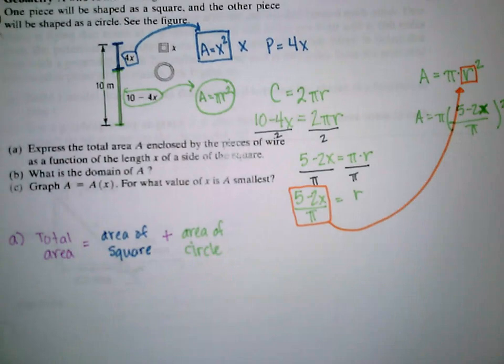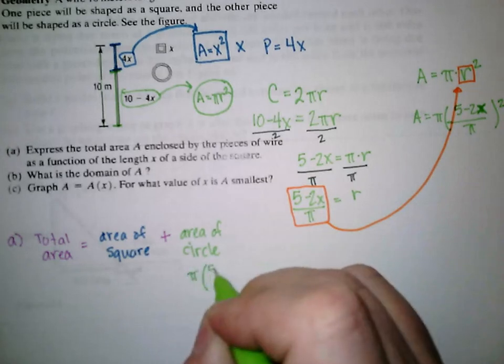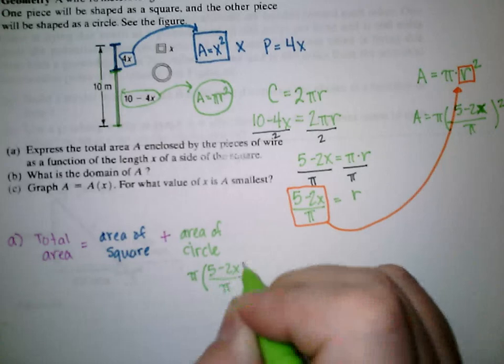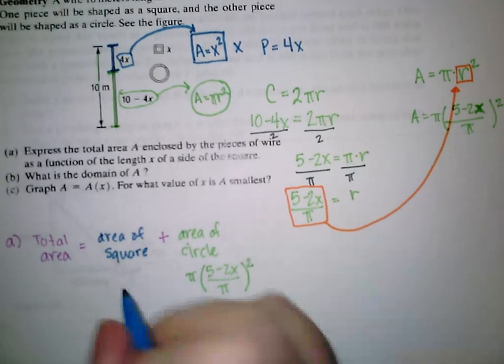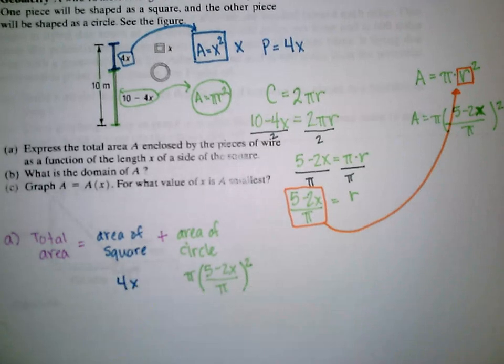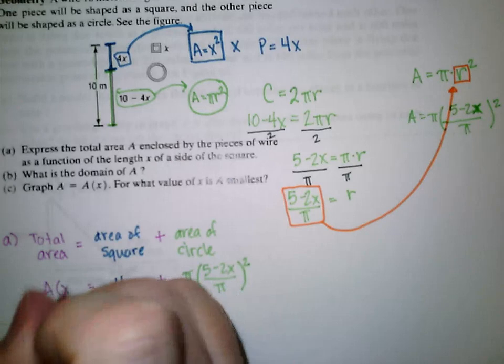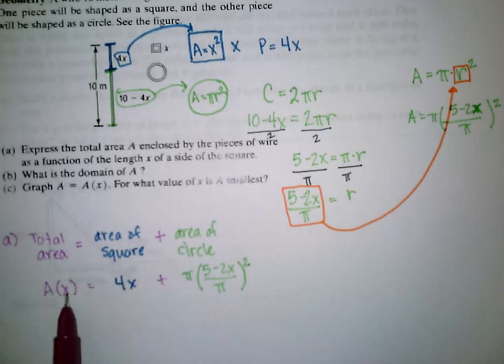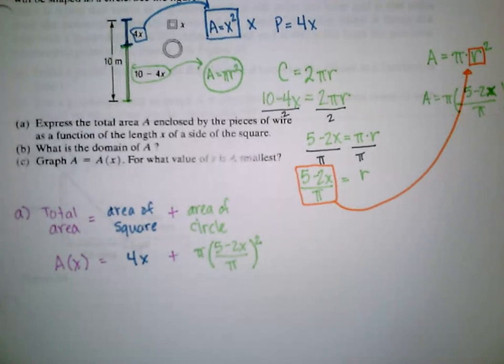And I just found the area of the circle was pi times 5 minus 2x over pi squared. I already had the area of my square as x squared. So when I add those together, that is area as a function of x, which was the side length of a square. So that is everything for part A, just getting that formula.